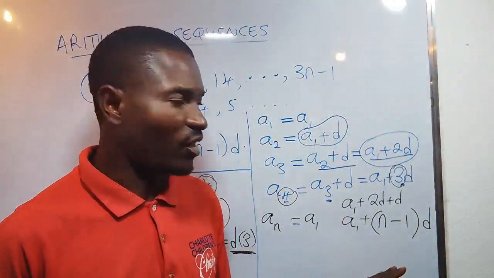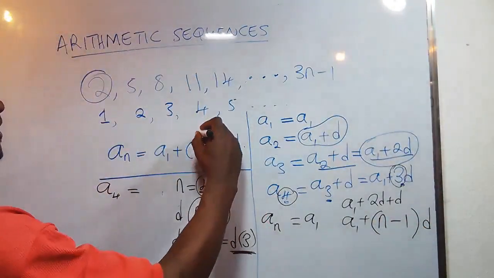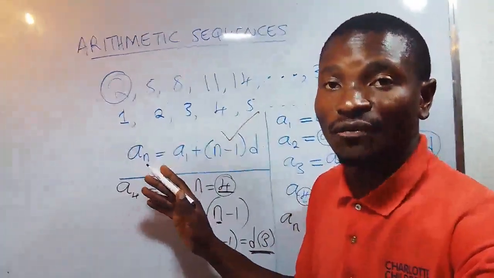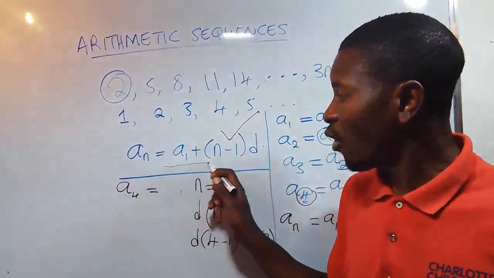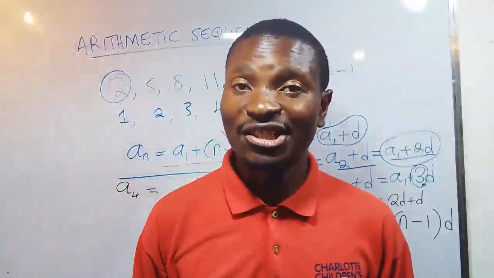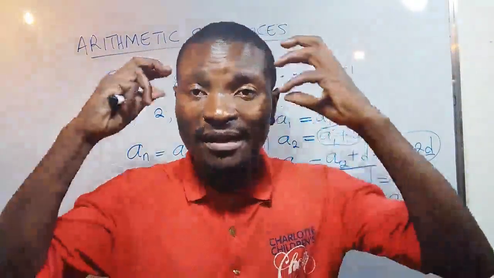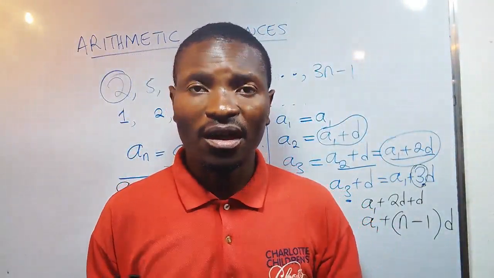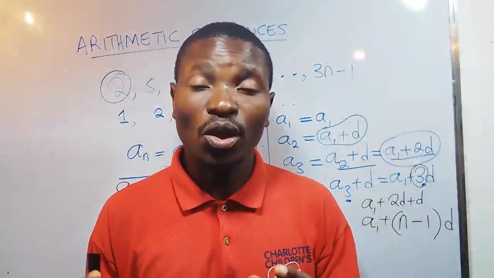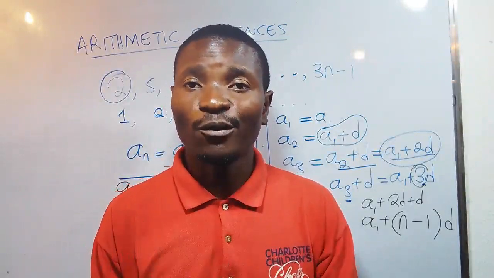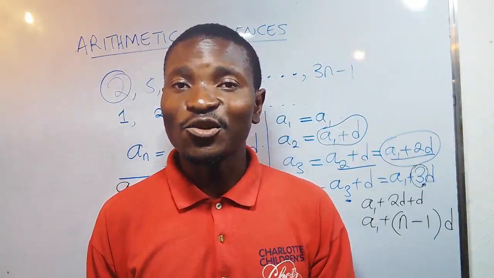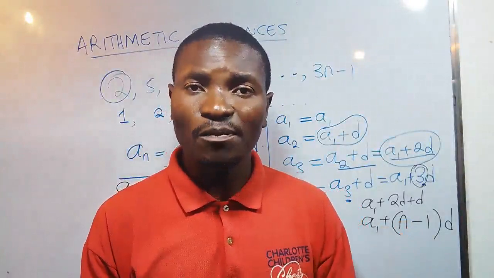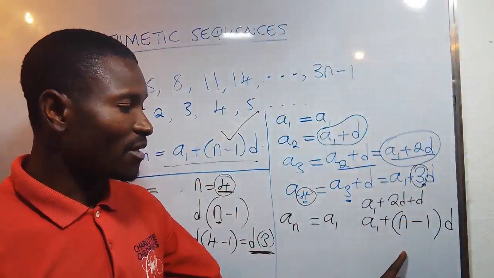Now, when you have this formula, this is the formula that most of the people master, okay. This is the formula that the majority of us learn. But as a mathematician, as someone who is going to actually understand mathematical concepts and formulas, it's good to know formulas, but it is also good to understand how that formula came about. And this is what I've just shown you, that the formula for finding the nth term of an arithmetic sequence can be derived as such.